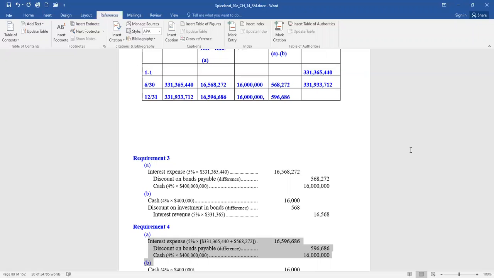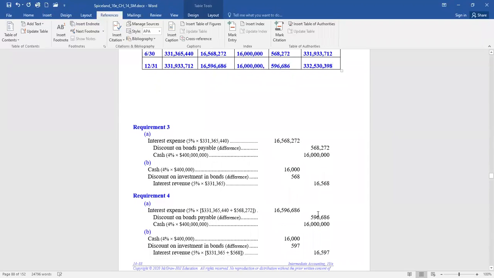So that means carrying value is increasing. 331,933,712 plus 596,686. So now our carrying value will be at 332,530,398, and it will continue to increase until it reaches 400 million.